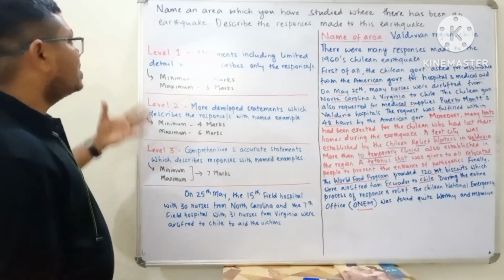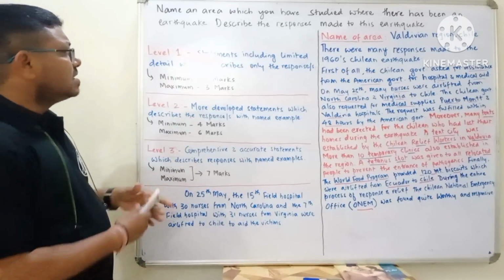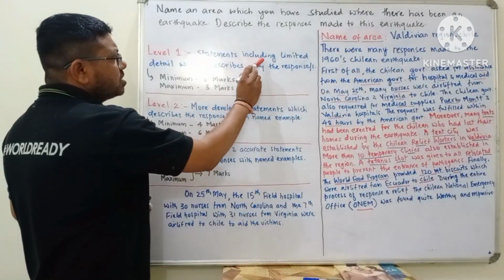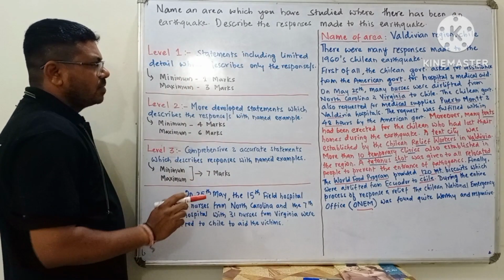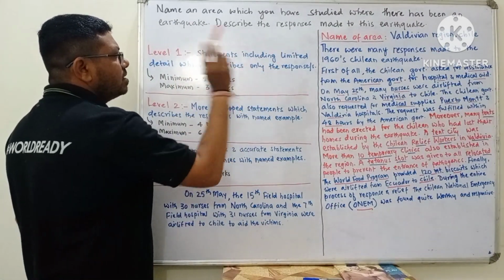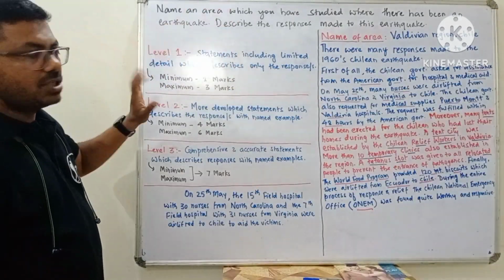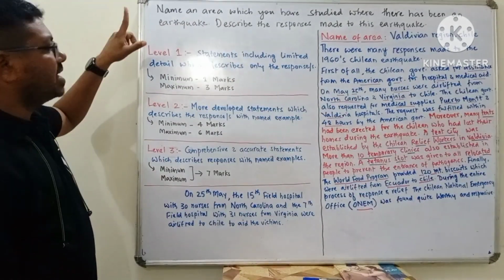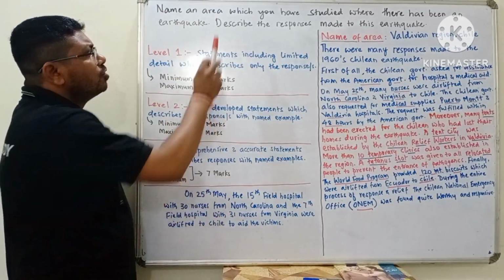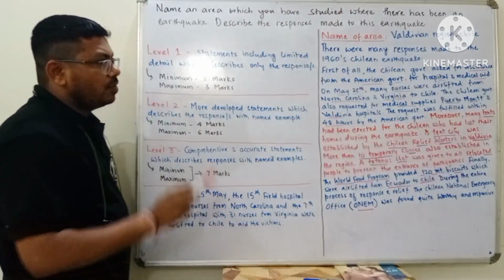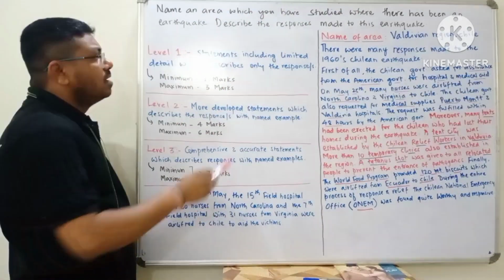Now what is a level 1 answer? Level 1 says statements including limited detail which describes only the responses. For example, this is related to this question. So let us look at the question. The case study question is, name an area which you have studied where there has been an earthquake.